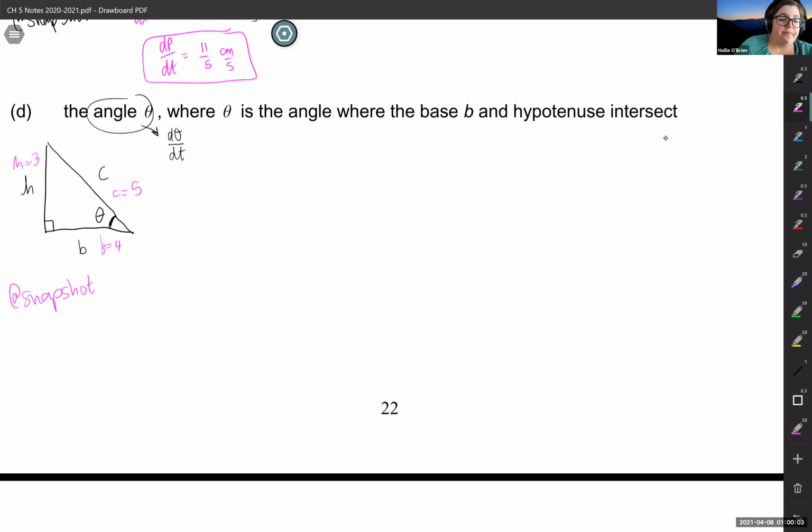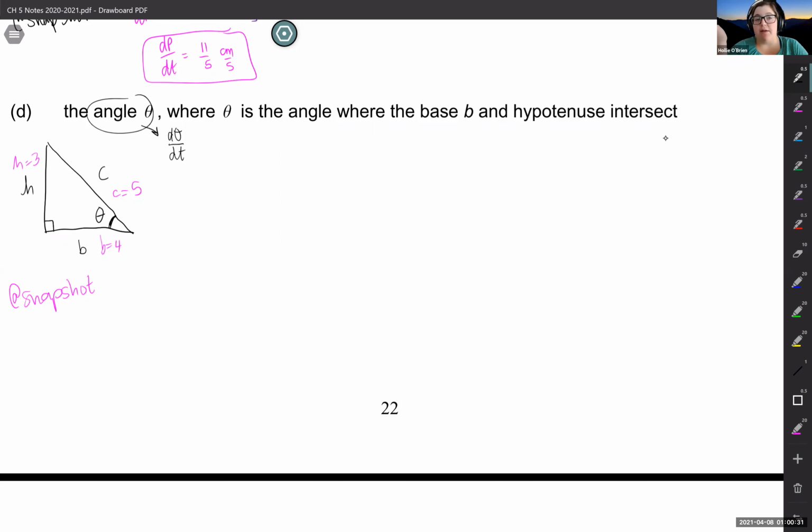All right, so we need some sort of relation. We need some sort of function that relates an angle with some sides. We need something with an angle in it. So we could use sine, we could use cosine, we can use tangent, whatever.